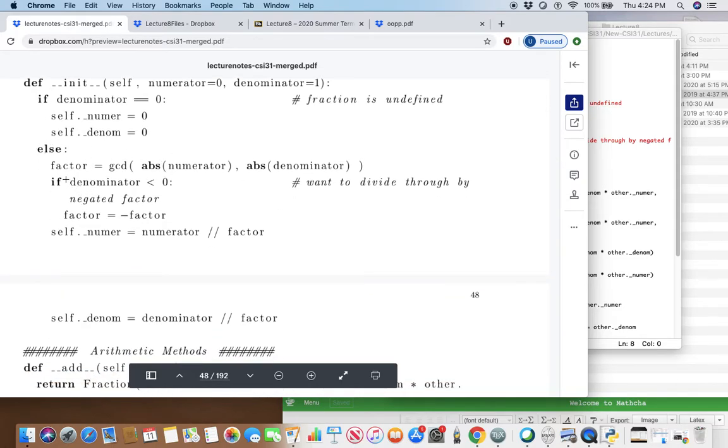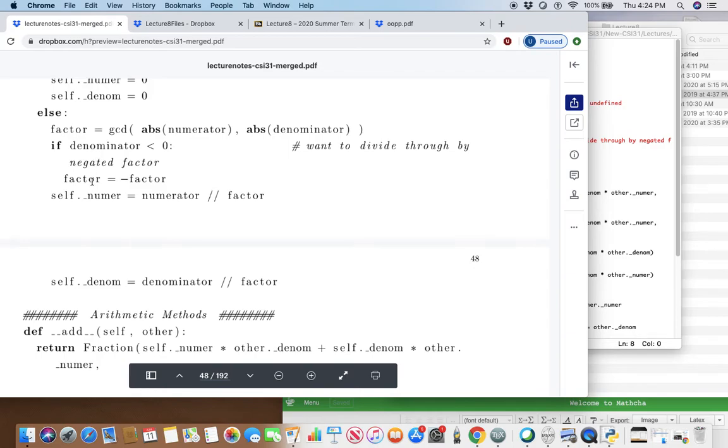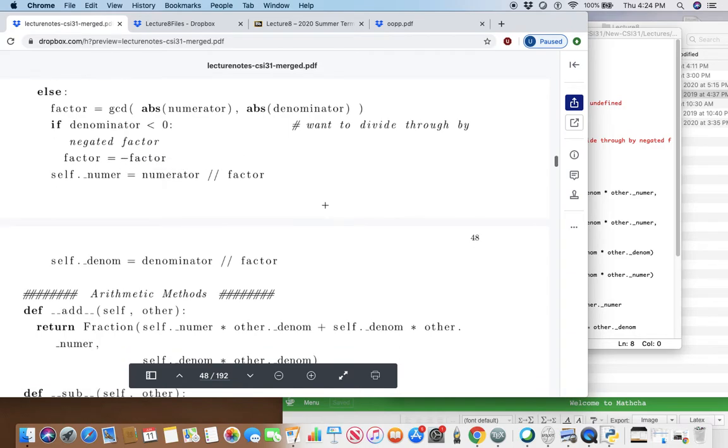Keep that in mind: if the denominator is negative, then change the factor to the negative of it. Now, numerator is the given numerator over factor. Notice this is integer division, so the result is going to be an integer. And the denominator should be the given denominator over the factor.